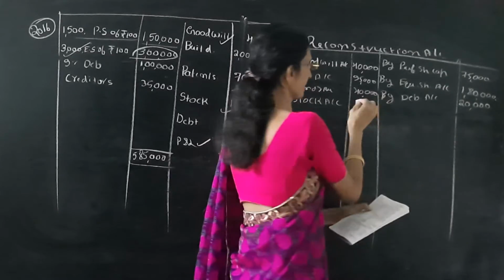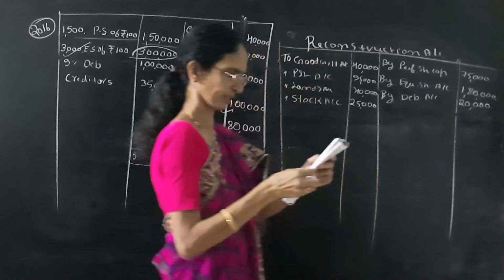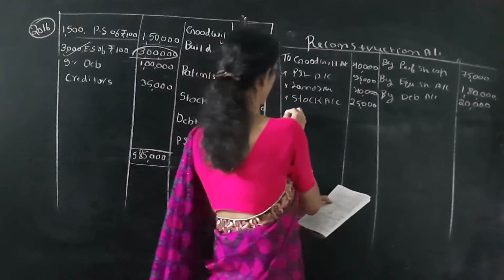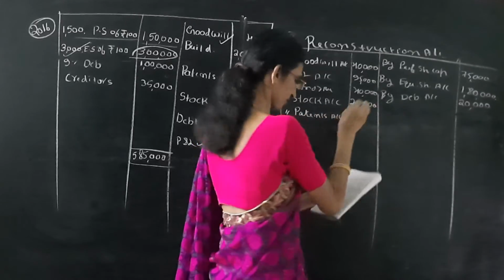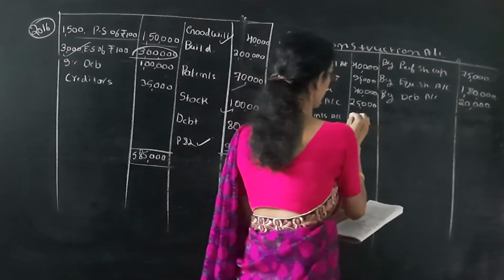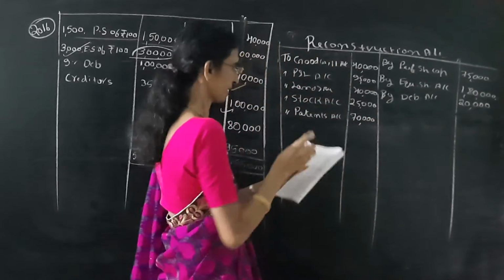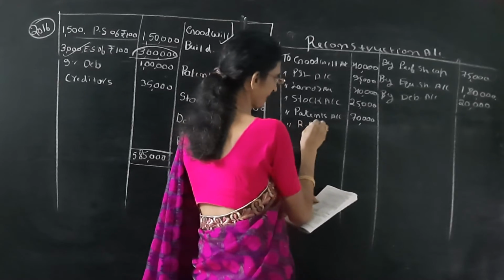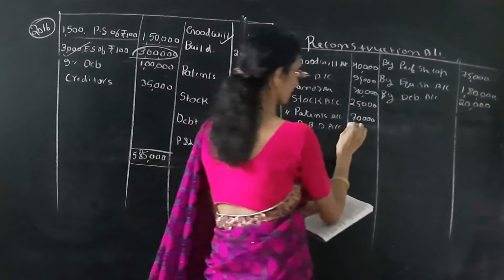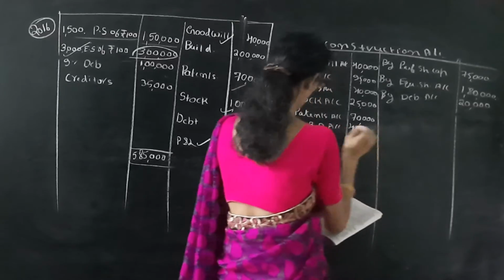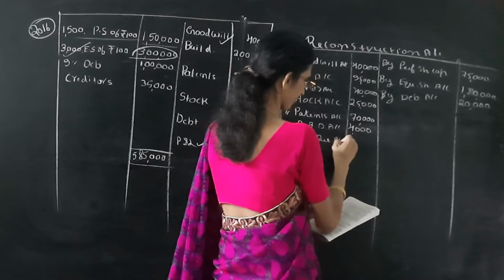So stock account is 25,000. Next is patents account, 70,000. Next one is to RBD account, 4,000. So last one is balance is transferred to capital reserve account.